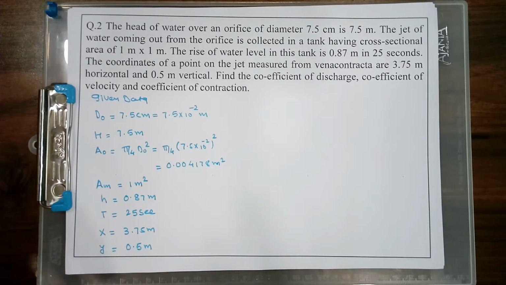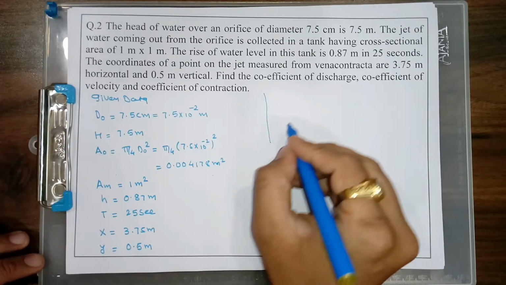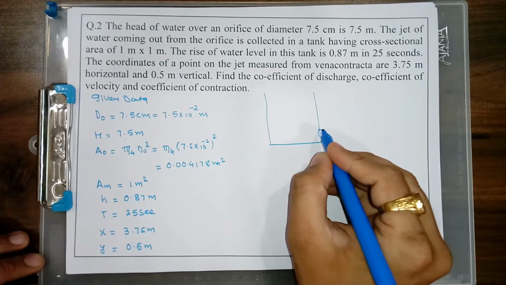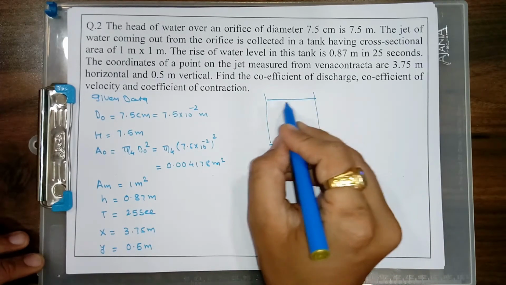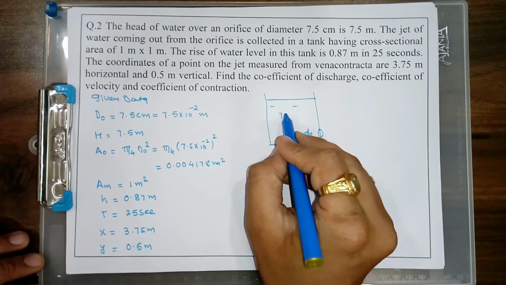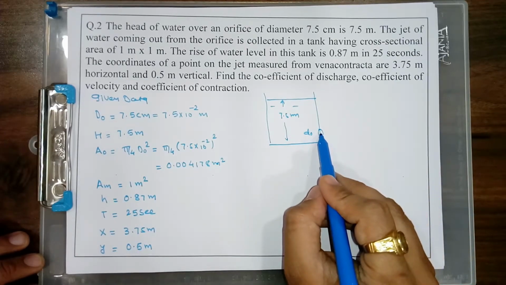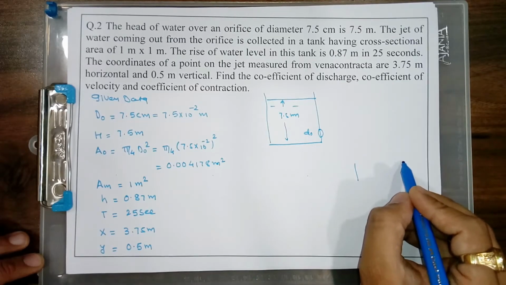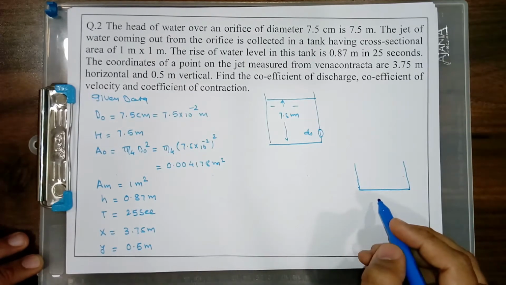So students, from the graphical representation we understand what exactly the situation given in the numerical is. Here we have one tank on which we fit one orifice having the diameter d naught, and the head available in this tank is 7.5 meter. Then the jet which comes out from this orifice is collected in one tank, and this tank has a cross section of 1 meter square area.